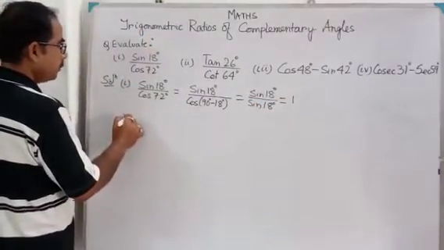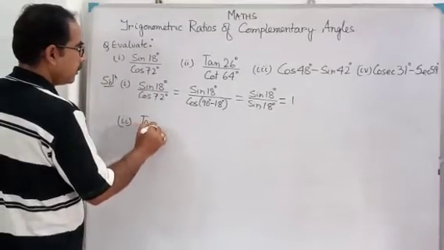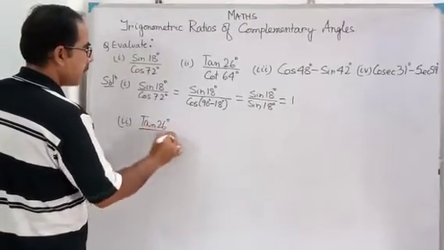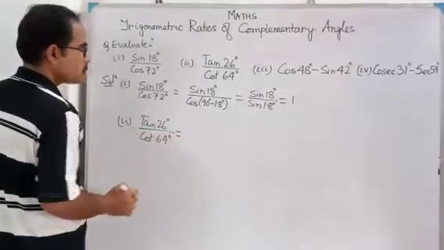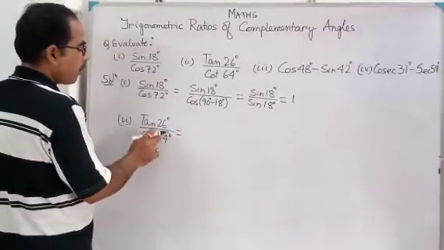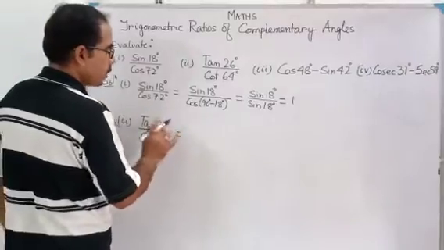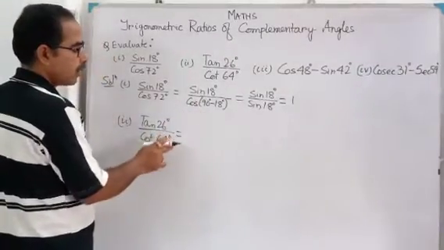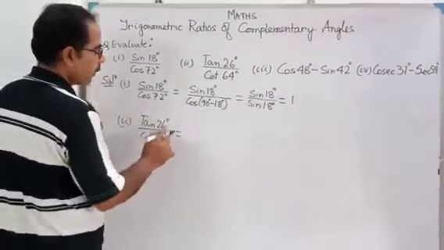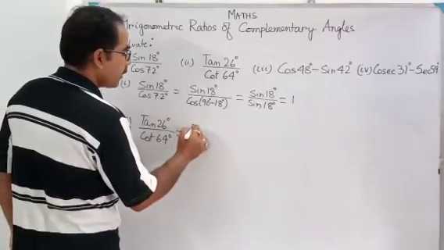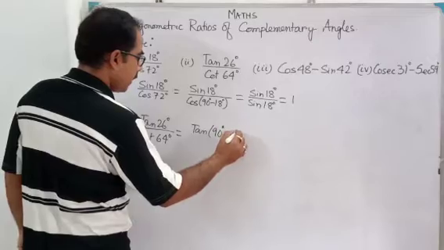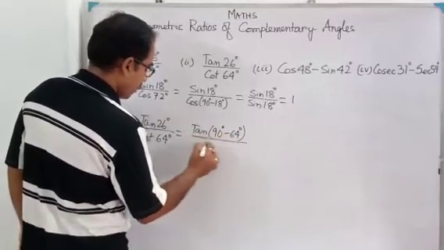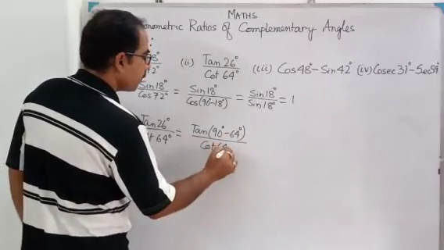For number 2, tan 26 degree by cot 64 degree. Okay students, so here I can go for the numerator also. Once the denominator I have shown, now I am going to show the numerator. So tan 26 degree can be written as tan 90 degree minus 64 degree by cot 64 degree.